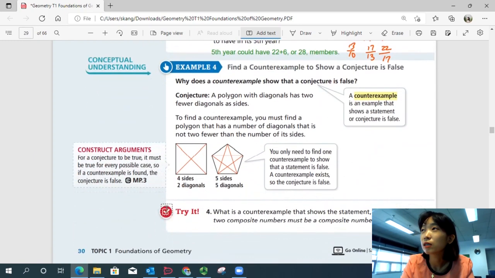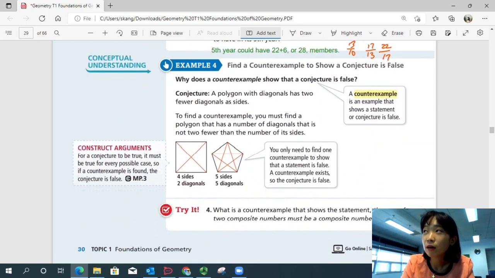All right, let's look at example 4. Find a counterexample to show the conjecture is false. Why does a counterexample show that a conjecture is false? Because by definition, a counterexample is an example that shows a statement or conjecture is false.